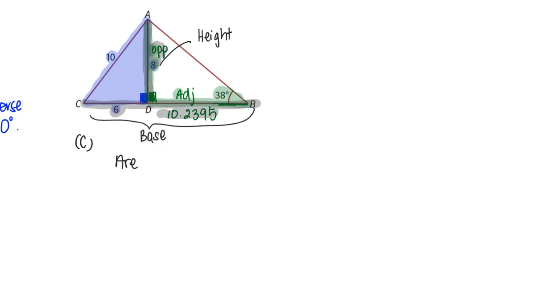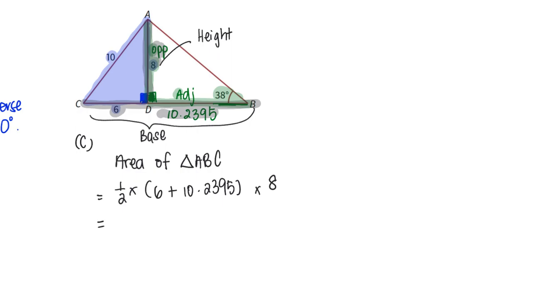So area of triangle ABC is then equal to half times base times height, which is 64.958. Final answer 65.0 cm square to 3 significant figures.